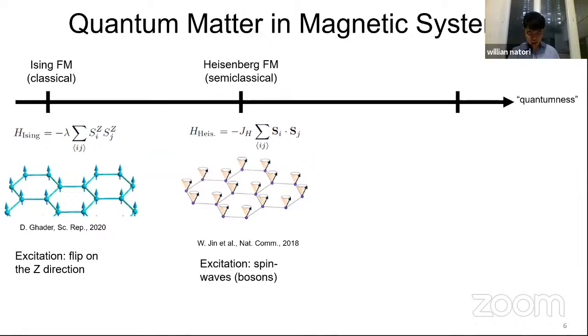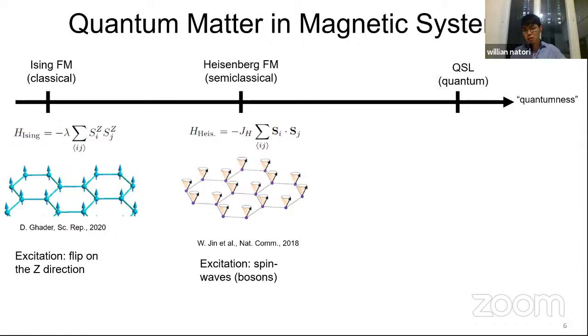And the excitations are now described in terms of spin waves, which are bosons. So in this sense, this ordered state is semi-classical because you already need to consider some statistics by saying they are bosons.